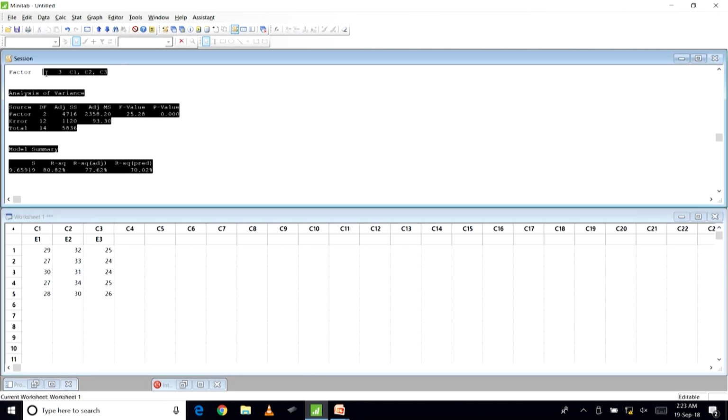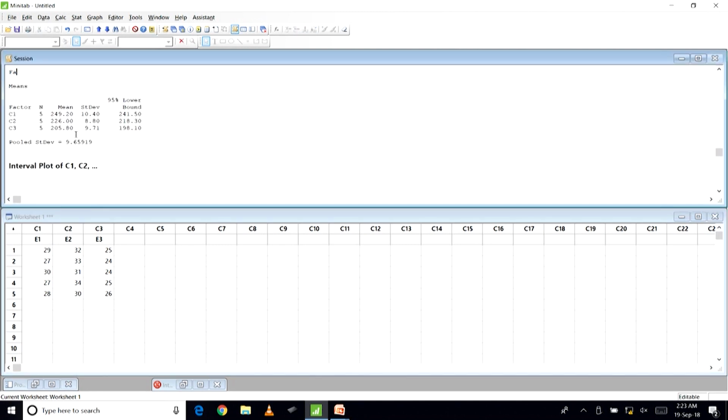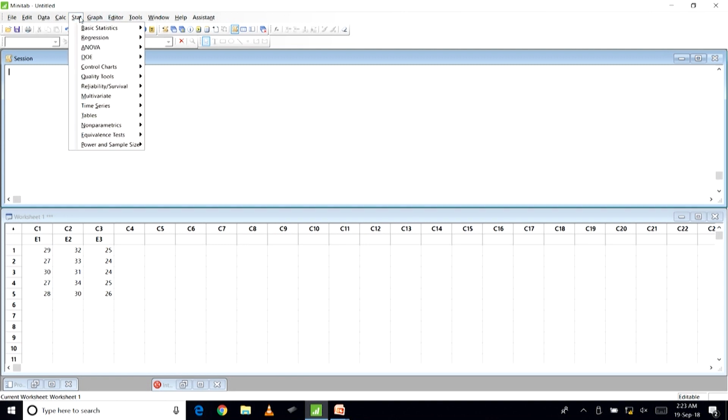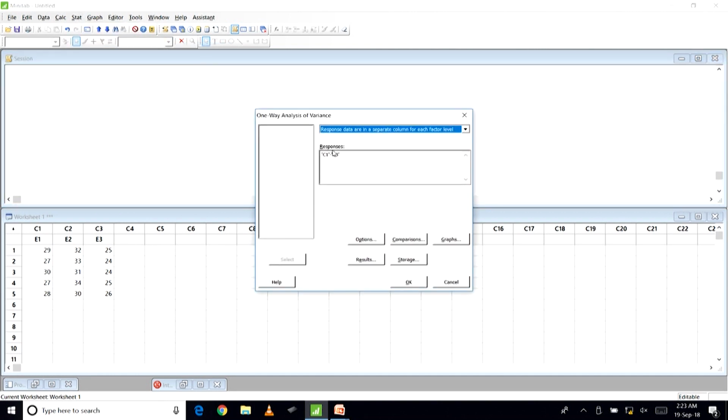So we will go to, okay, first we will delete this, let us look at output. So stat, one way ANOVA. So select all these three and then go to option.